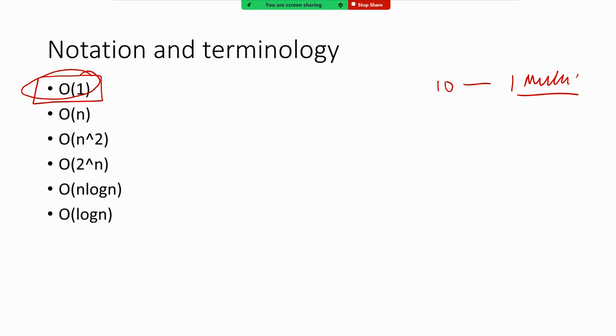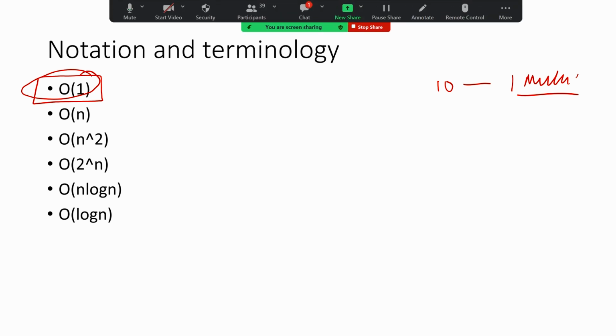Can you give me an instance of O of 1? Can you think of an example, a variation, where it doesn't matter how big n is, but the time complexity will always be constant?